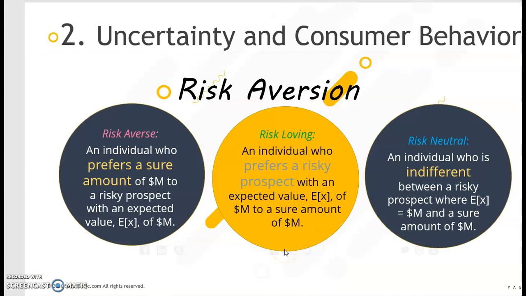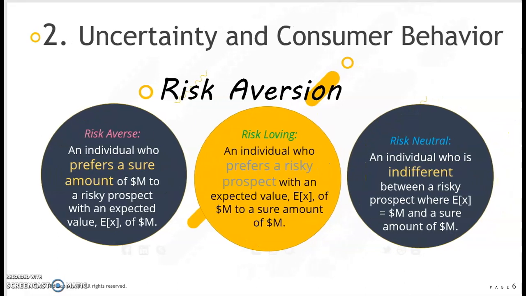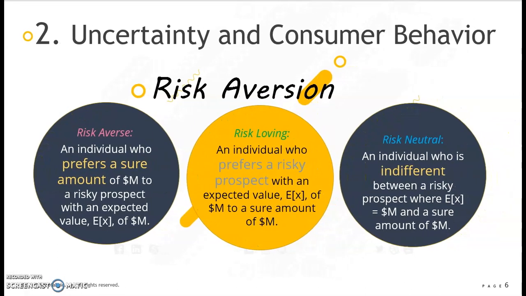Now look at the second subtopic of information economics, which is uncertainty and consumer behavior. In this topic, we will talk about risk aversion. There are three types of risk attitudes in the economy.